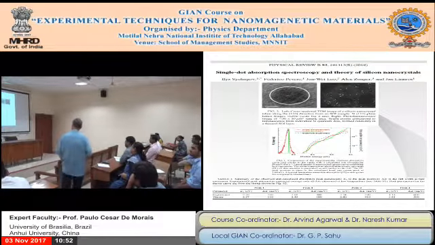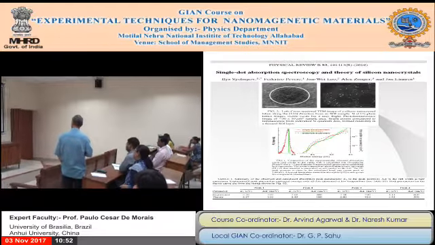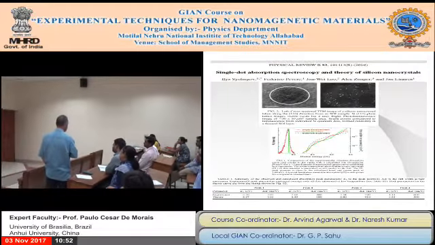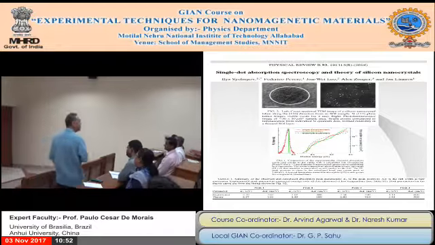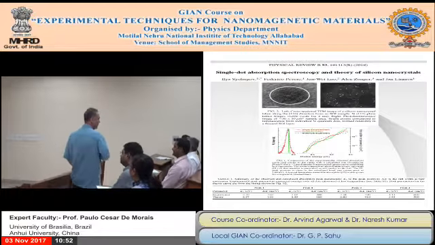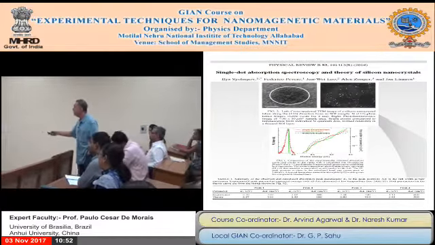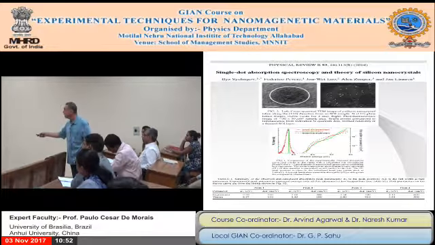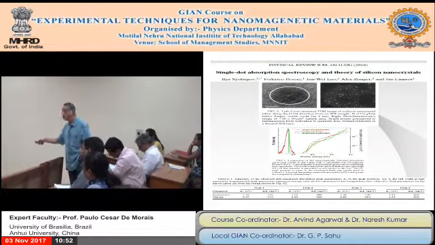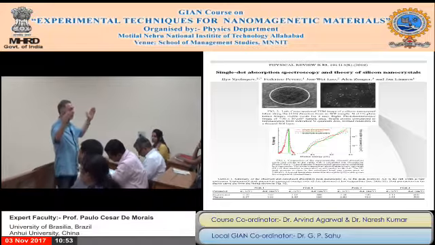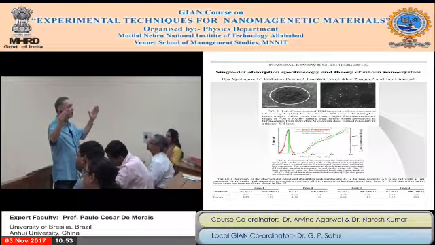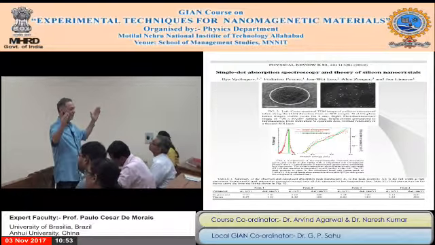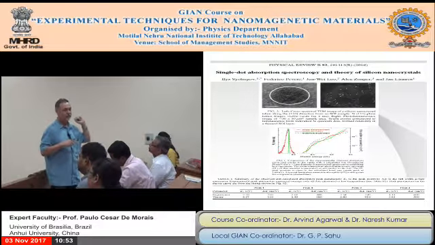But you can see luminescence comes at lower energy and absorption comes at higher energy. The difference between the peak position of PL and the first peak of absorption, this distance, is called Stokes shift. This is the Stokes shift.